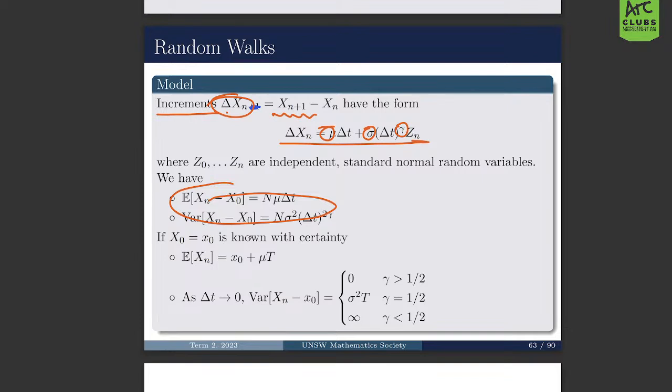Moving on from here, if we know the first starting point of the random walk being a constant with certainty, then essentially we can also derive these two things from the two formulas above. So firstly, we know the expectation of xn, at the current step of this random walk process, is going to be this constant over here, which is our initial value, plus this constant mu and our time t.